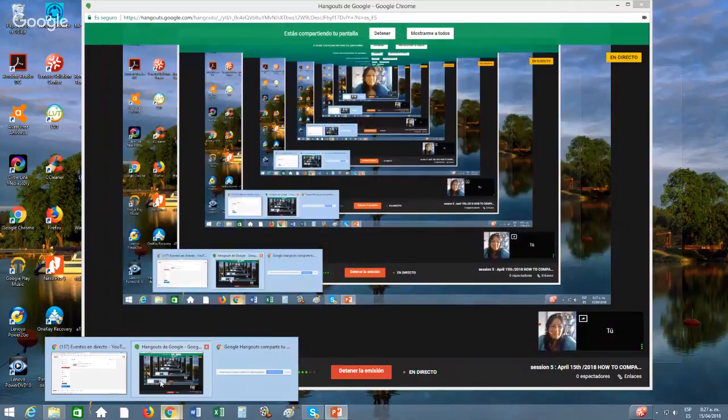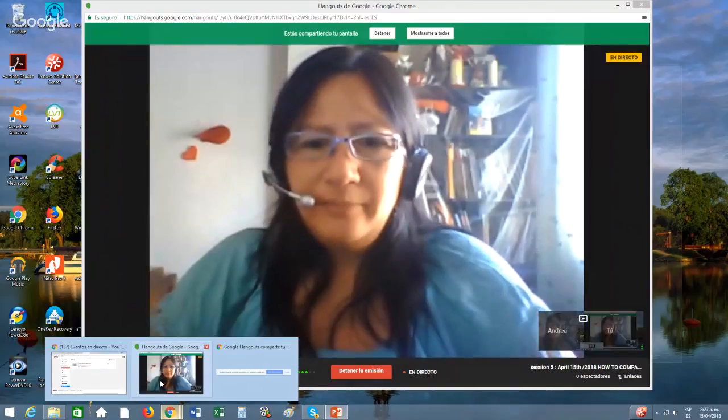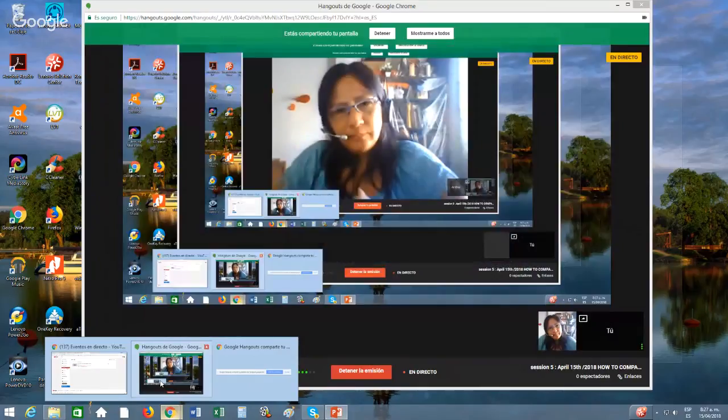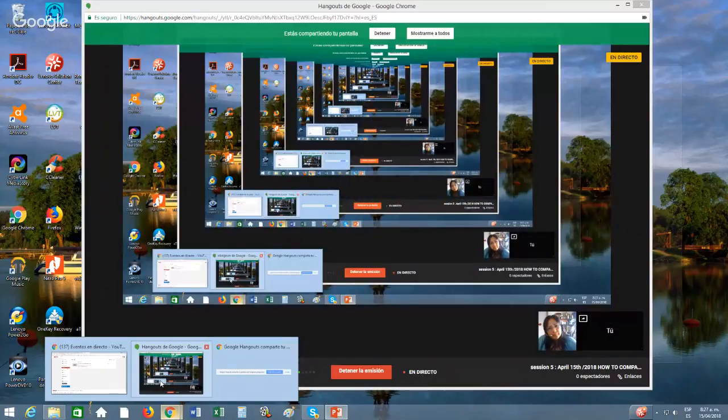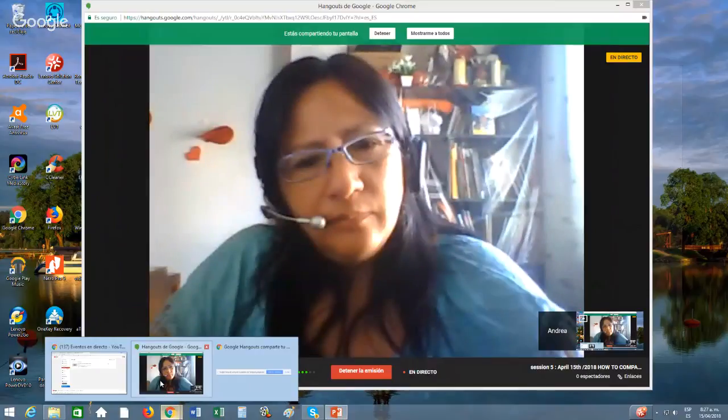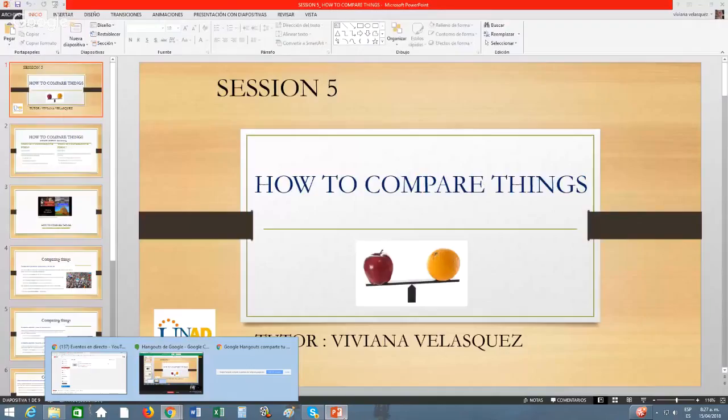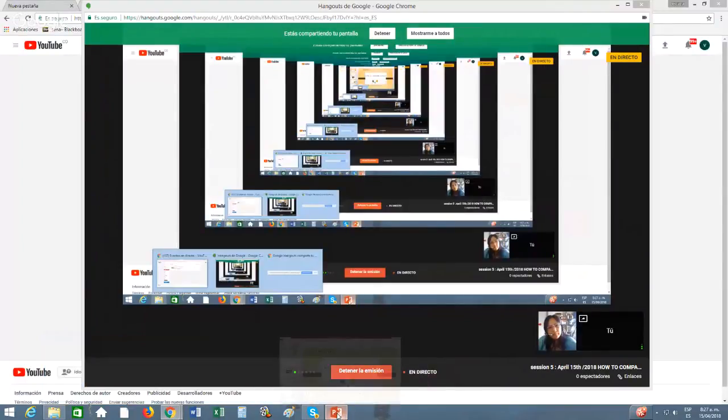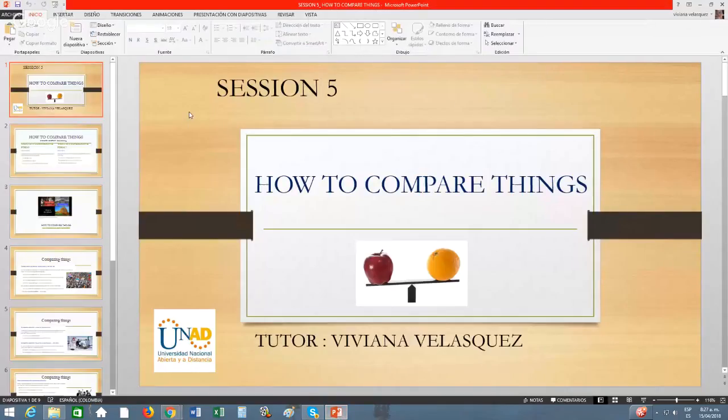Okay, Andreita. So in that case, the aspects you mentioned, like the color and the shape, right? For example, if they are food, you can also express similarities like the smell. So when you compare different objects, it is important to take into account physical aspects and abstract aspects. The size, the weight, the height, the color, those are physical aspects.